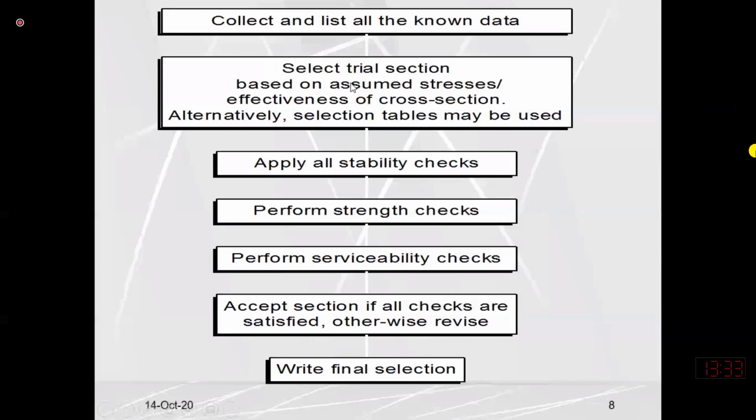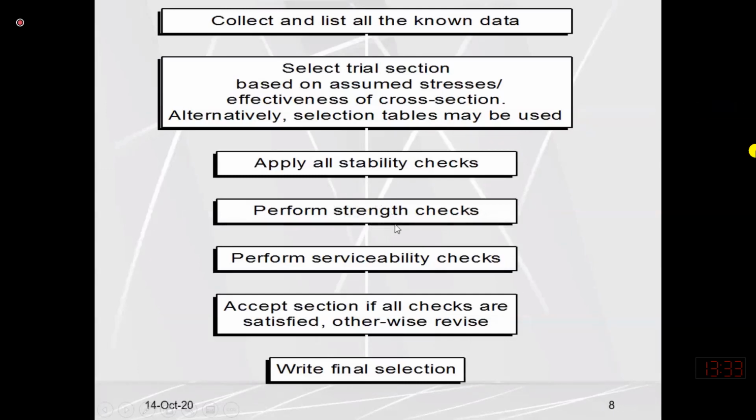After selecting a trial section, meaning a section whose area is minimum and the cheapest one, we will apply the capacity check. We apply two checks. The first one is the capacity check or the strength check. Here, we will compute the maximum stress produced in the section due to applied load.